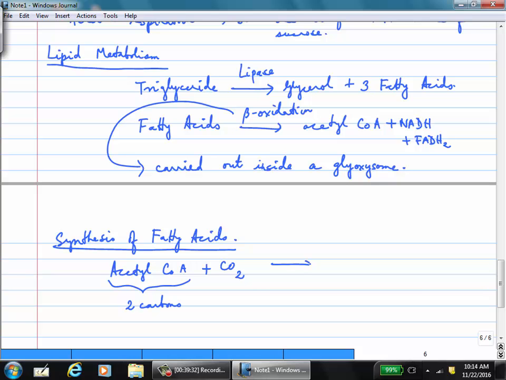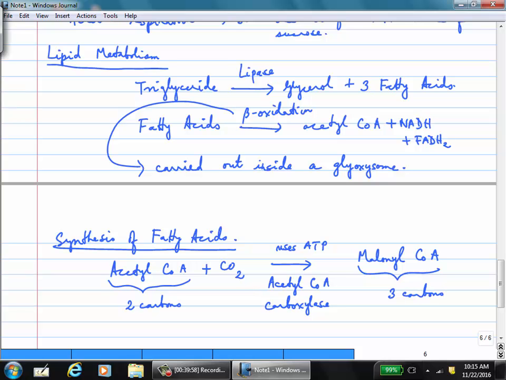This reaction actually uses ATP, and the enzyme that does this is called acetyl coenzyme A carboxylase. This gives you something that is called malonyl coenzyme A, and this actually has 3 carbons.